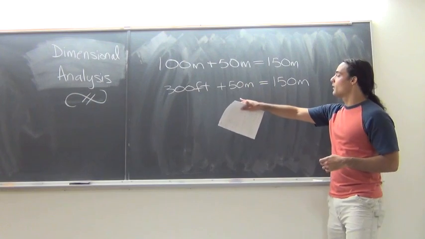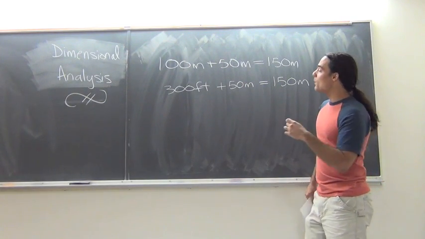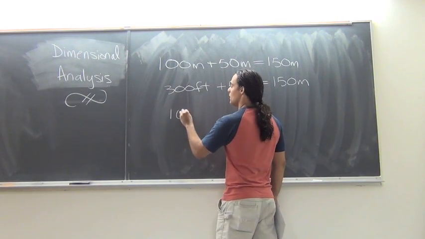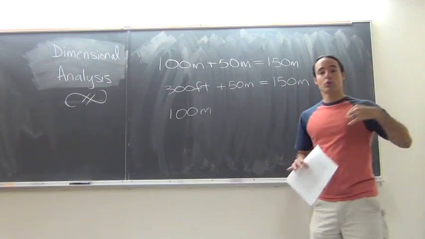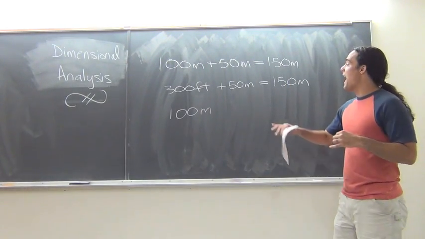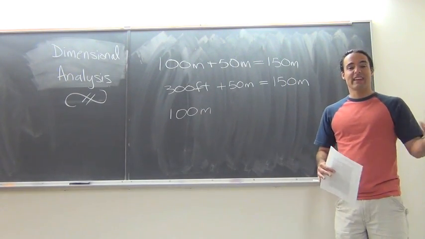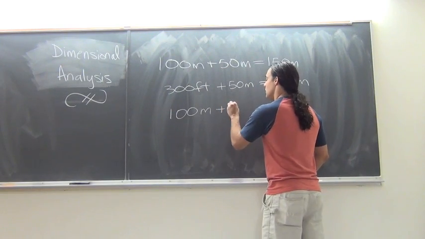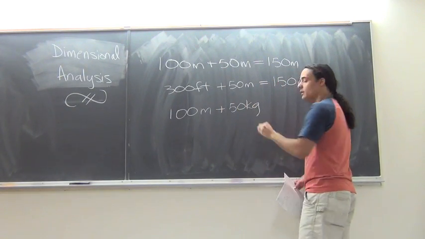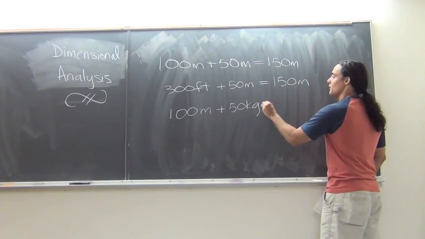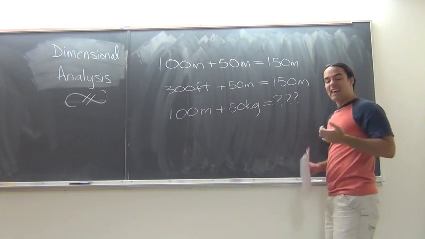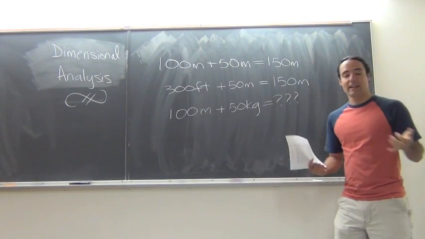No problem there. However, if I were to say instead, first go 100 meters to the stop sign, and then go 50 kilograms, well, that's just stupid, right? It doesn't make any sense to go 50 kilograms.